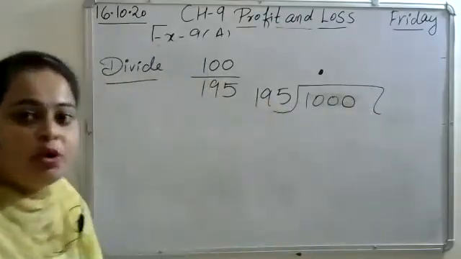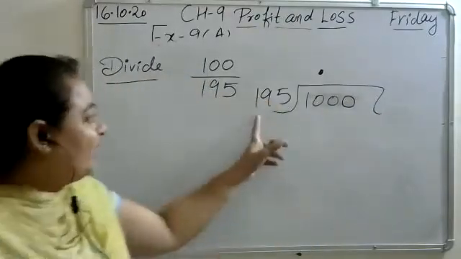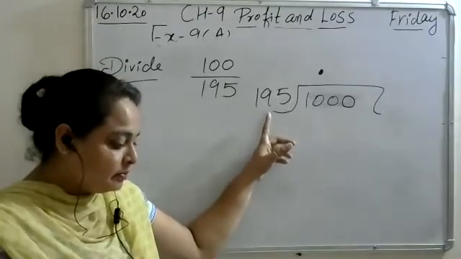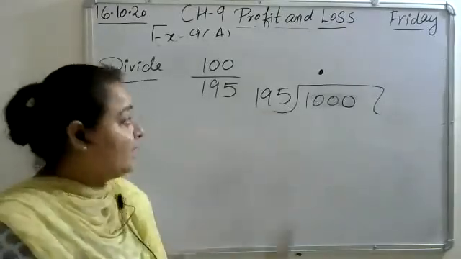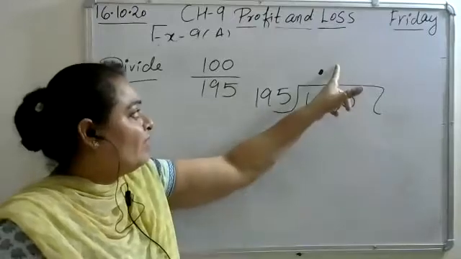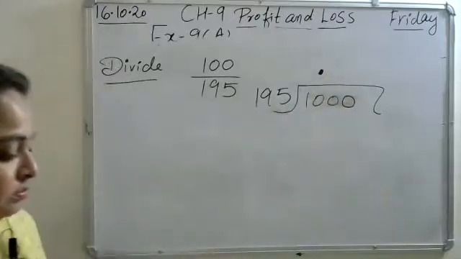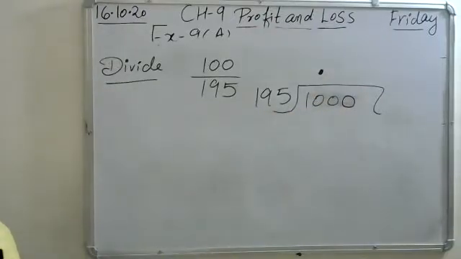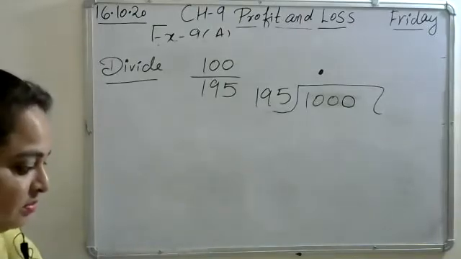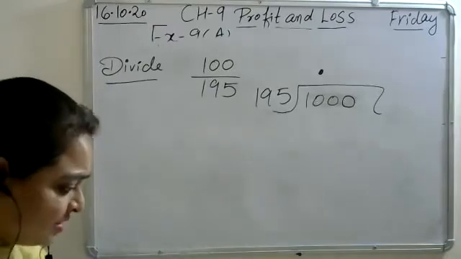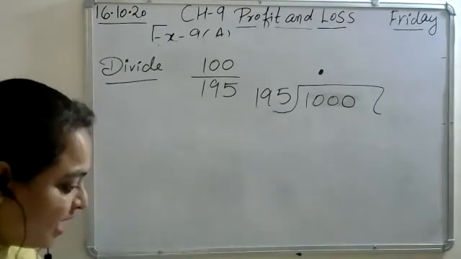Now division is possible. Now do multiplication and tell me what you will write here. Answer is 1.95, Priyanshu.